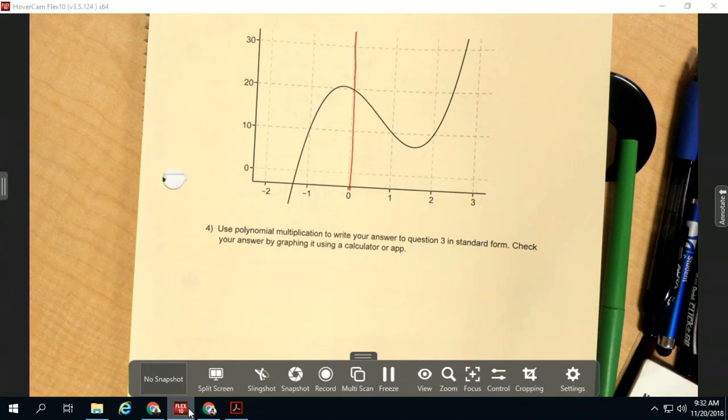I don't know anything. Just red lines in my book.